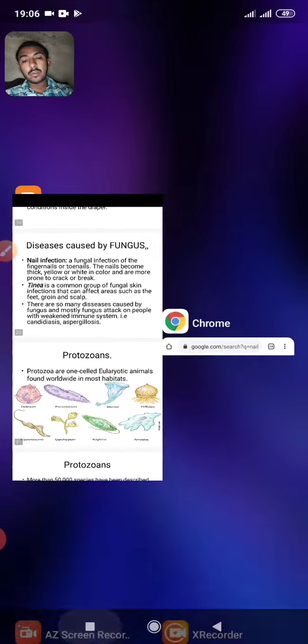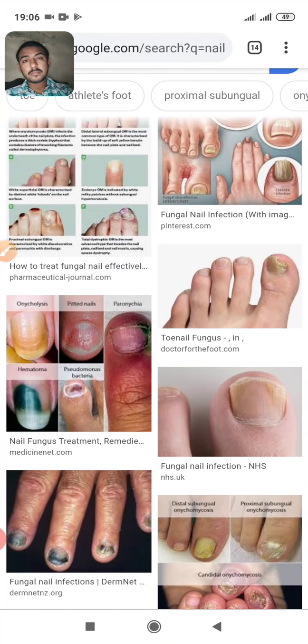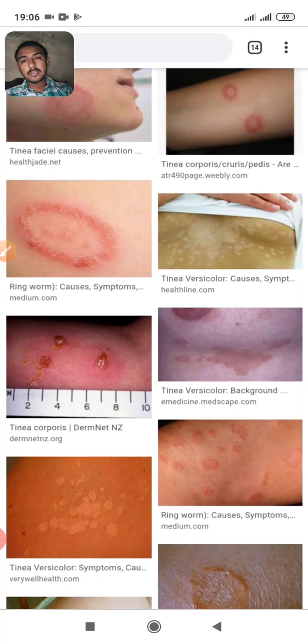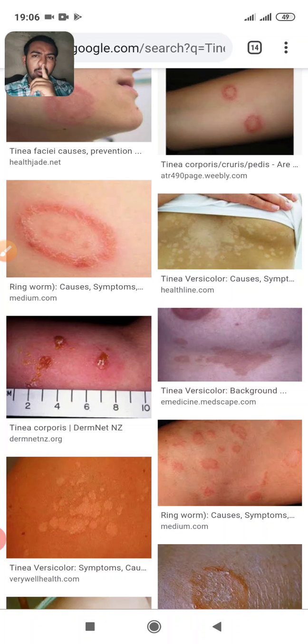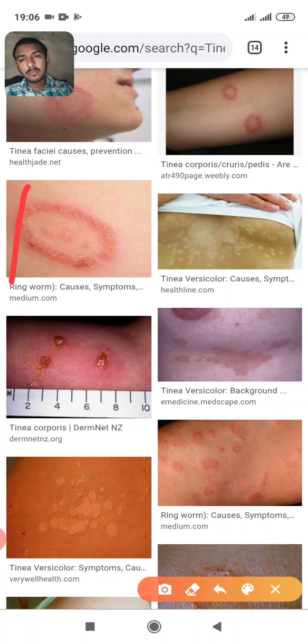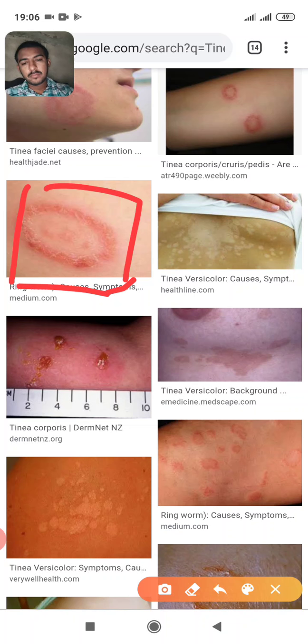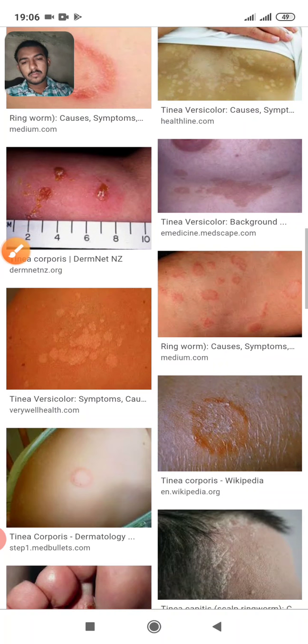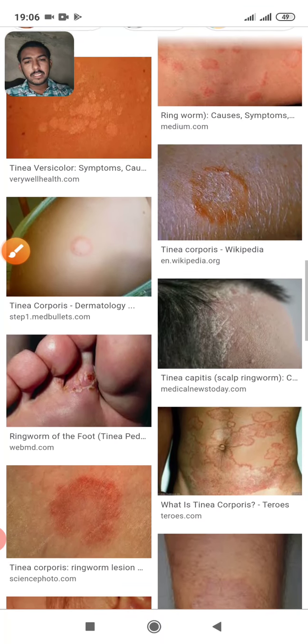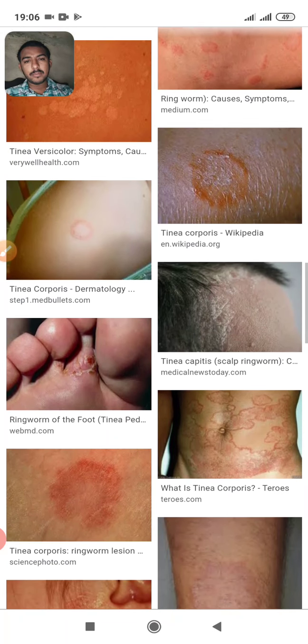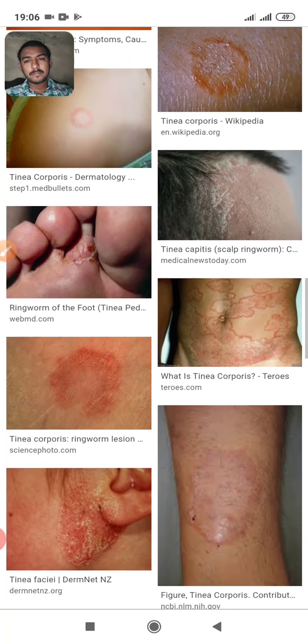So let's look at the Google images of tinea. I think in Sindhi we call it dud. So you can see this. There are so many examples here which you can see.